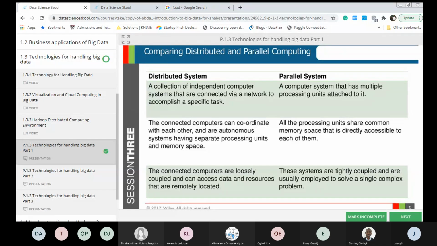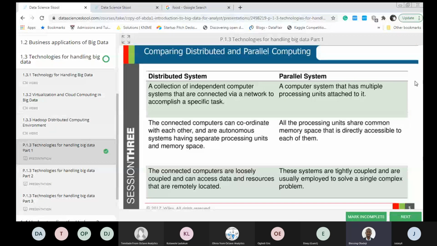And finally, for distributed computing, the computers are loosely connected, and they can access data and resources that are located remotely. But for parallel systems, they are not loosely connected, they are tightly connected.